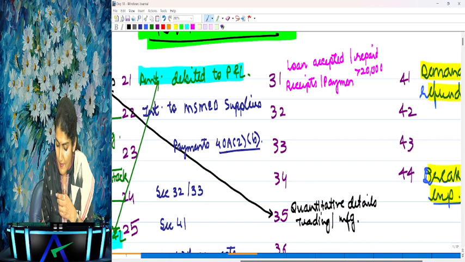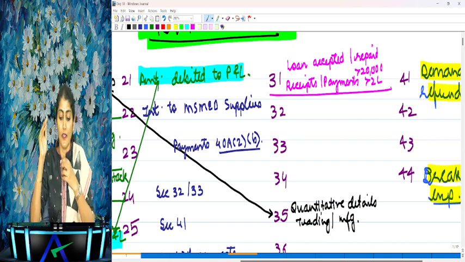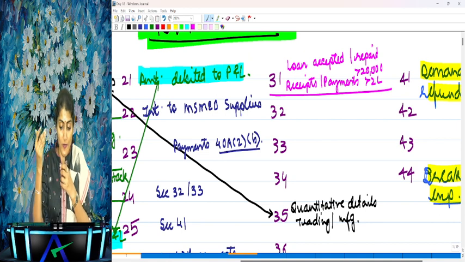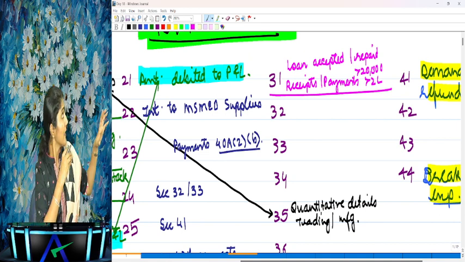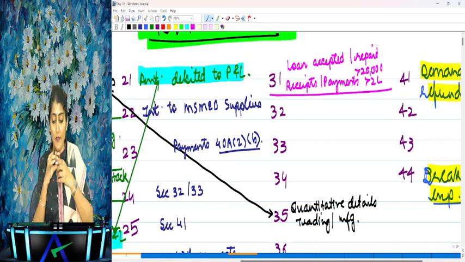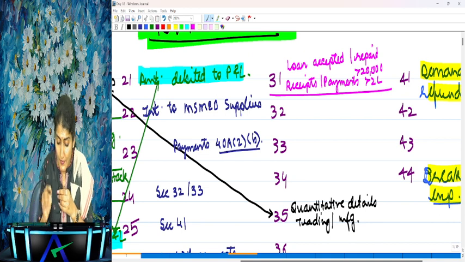So that is regarding clause 31: loans accepted or repaid of more than 20,000, and receipts and payments in excess of 2 lakh. Then clause 32 is regarding the brought forward loss and depreciation allowance.